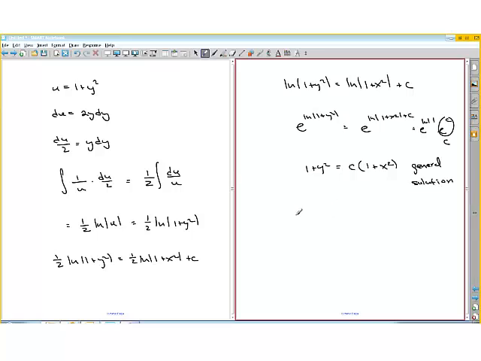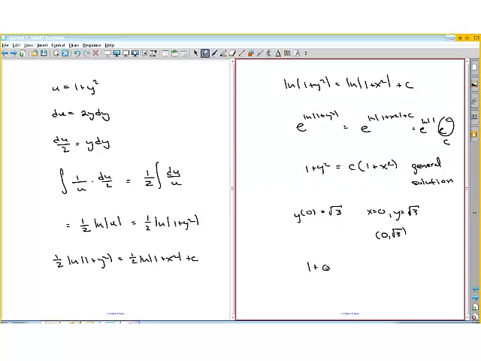So now we take the initial condition. y of 0 is equal to the square root of 3. What that means is when x equals 0, y equals the square root of 3. It also means this coordinate pair is valid for this particular solution.